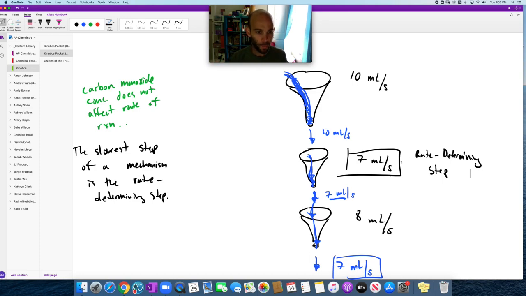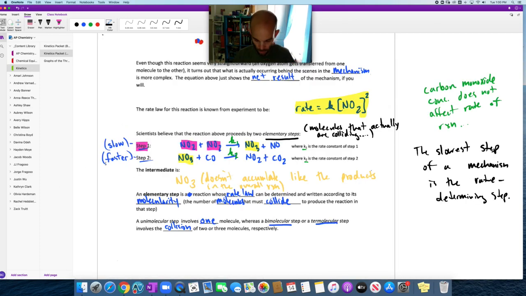So going back to our mechanism over here, we know that the overall rate law is second order in nitrogen dioxide. And here we have a slow step, the slowest step of the mechanism.